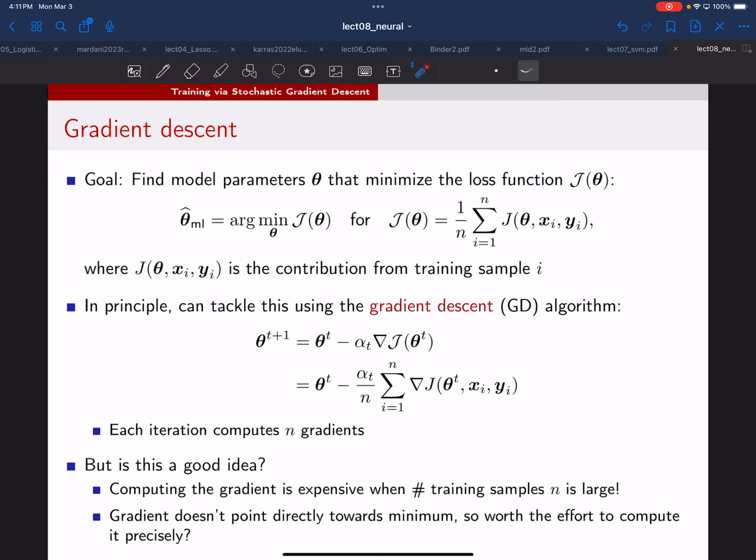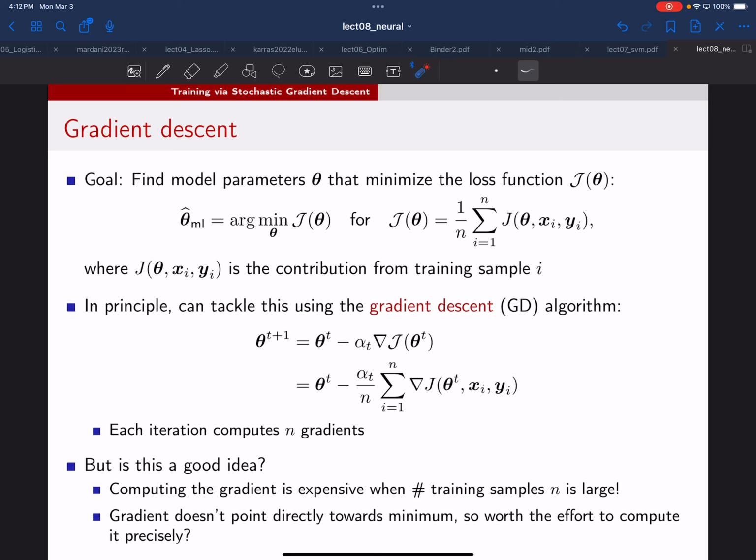And we also know that if we have a differentiable loss, we can use gradient descent. And that says that the new parameters equal the current parameters minus a small step size times the gradient evaluated at the current parameters. And if we plug in this expression for the gradient, then because the gradient is linear, we can move the gradient through the sum, and we get this expression here.